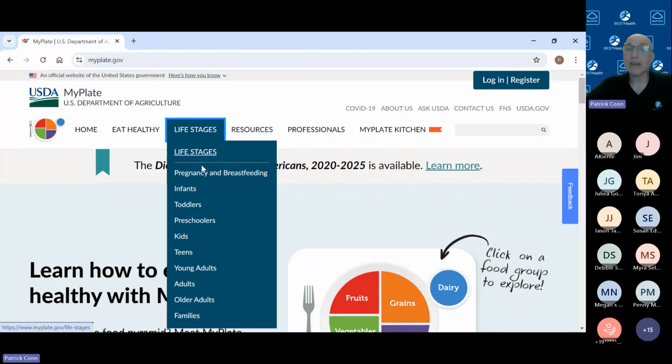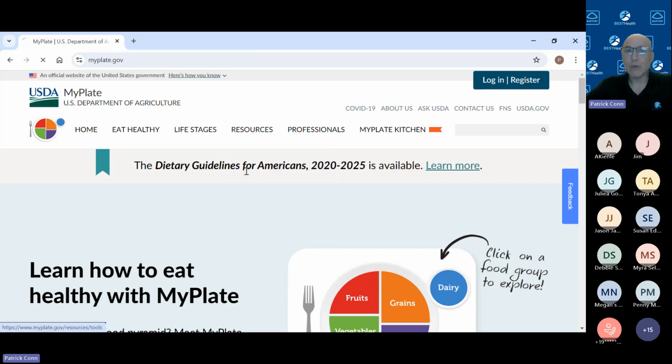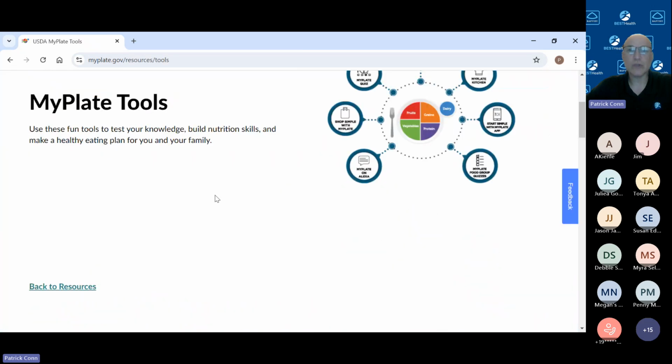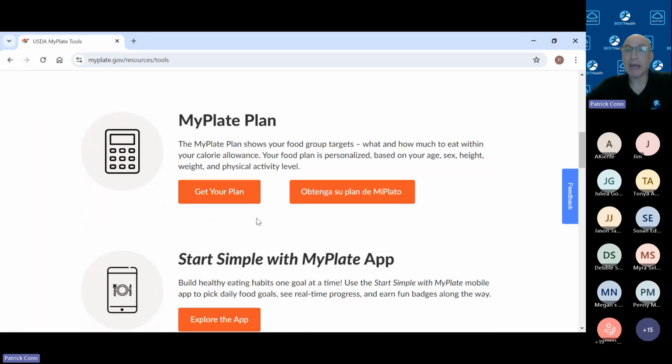Also, it breaks it down into life stages, which can be helpful, especially if you have little ones or if you have teens. It's a wealth of information. Families. Also, it has a tab of resources. You can go under different tools that it offers here. And if you go under tools, let me just show you this. Under tools, this is where you can go to the My Plate plan.